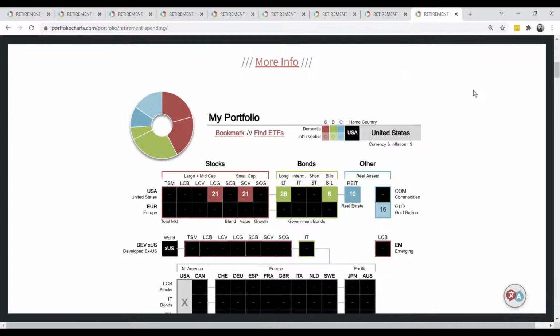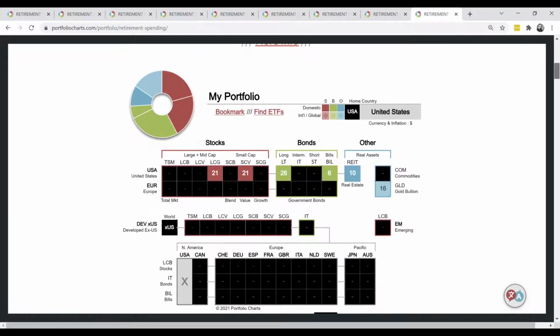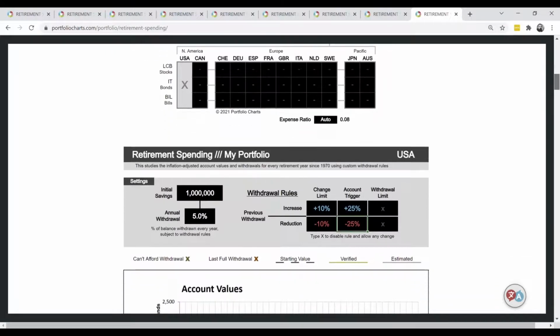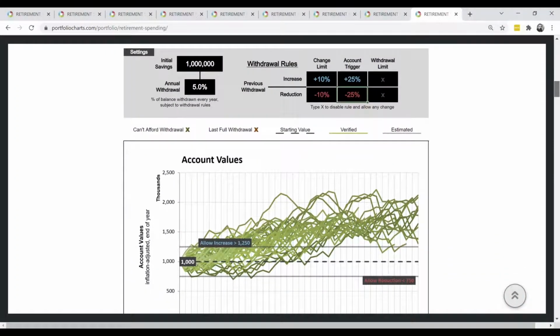And then another possibility, this is presented as the Guyton-Klinger withdrawal strategy. And so this one, you can see, allows for increases of 10% in the withdrawals if the account gets over 25% more, and then it declines 10% if the account decreases by 25%.